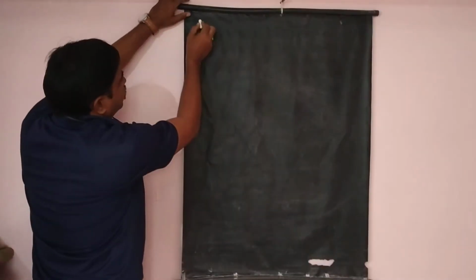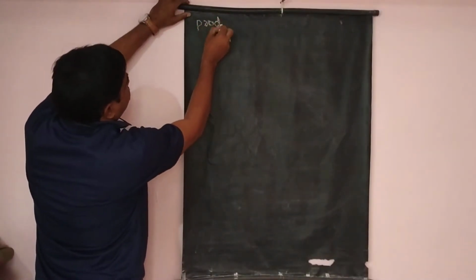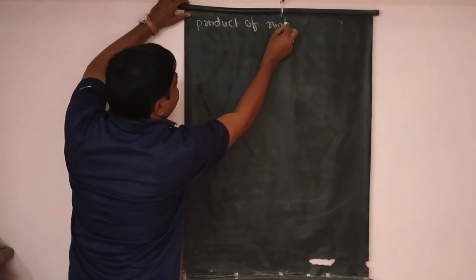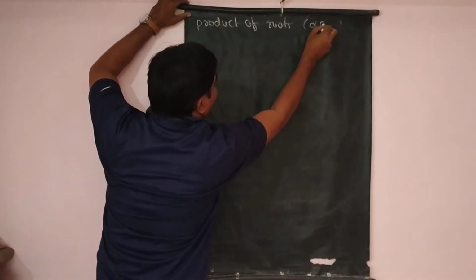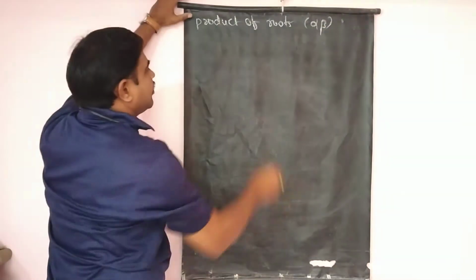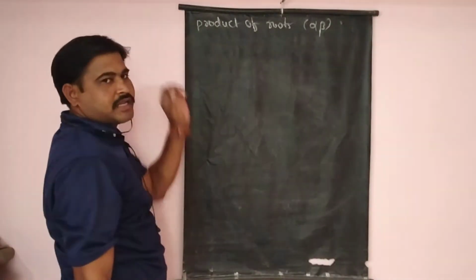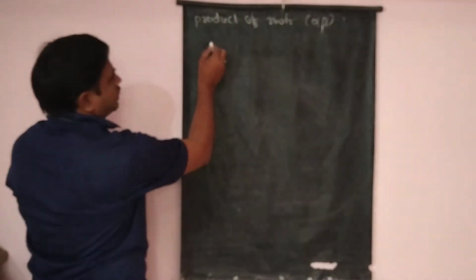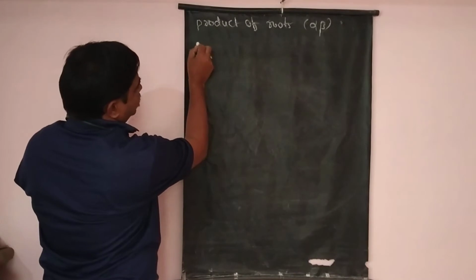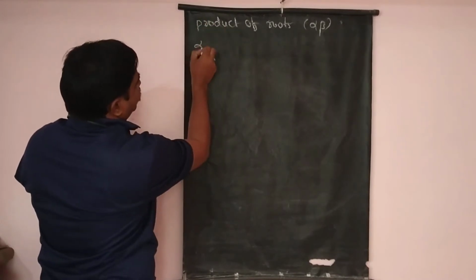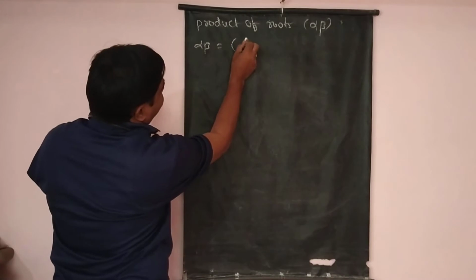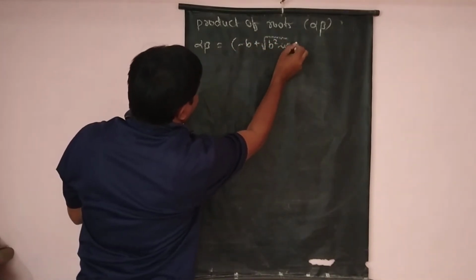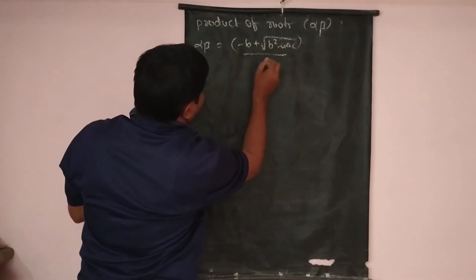Now alpha into beta, the product of roots. How do we find the alpha into beta value? You know the alpha value is minus b plus square root of b square minus 4ac by 2a.